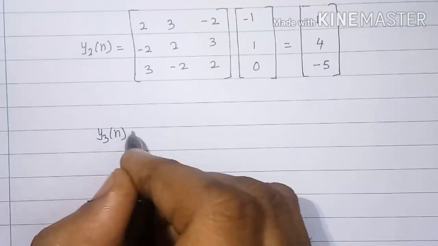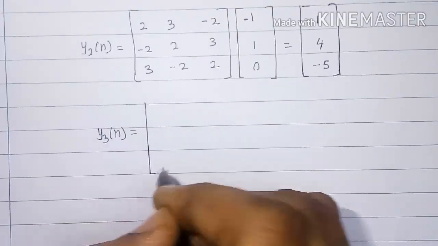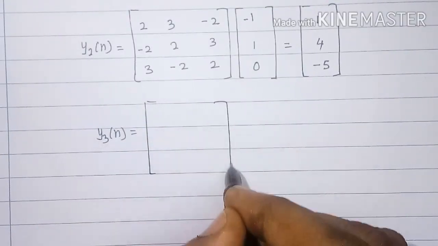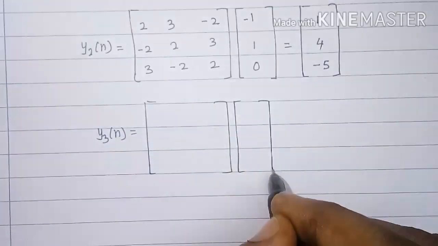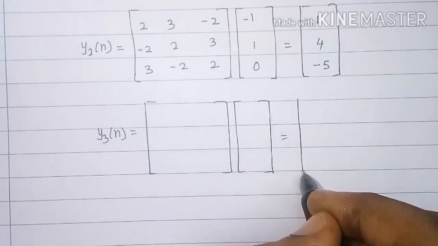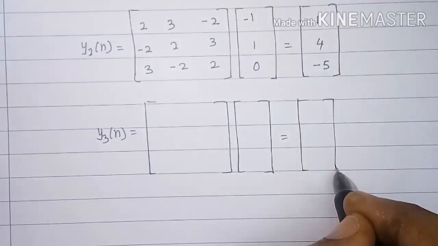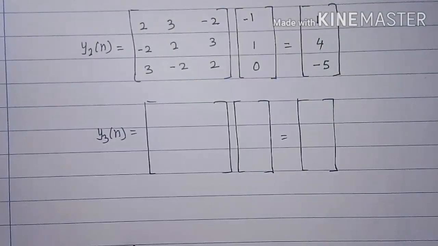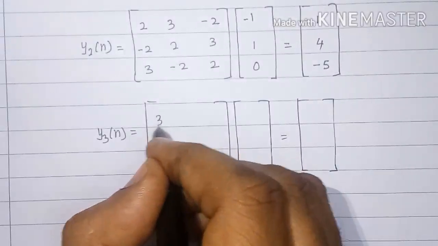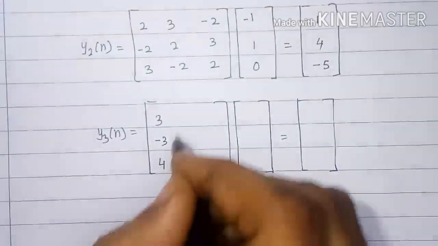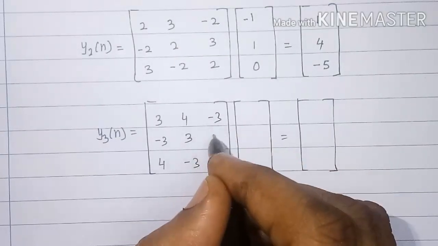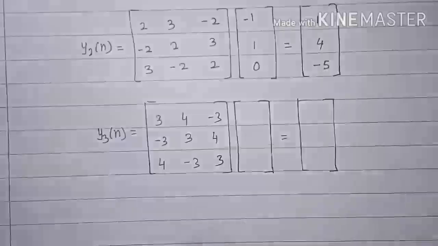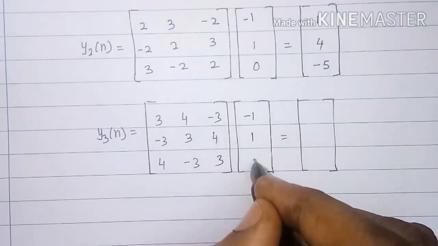Next, y3 of n. 3 minus 3 4, 4 3 minus 3, minus 3 4 3, with minus 1 1 0.